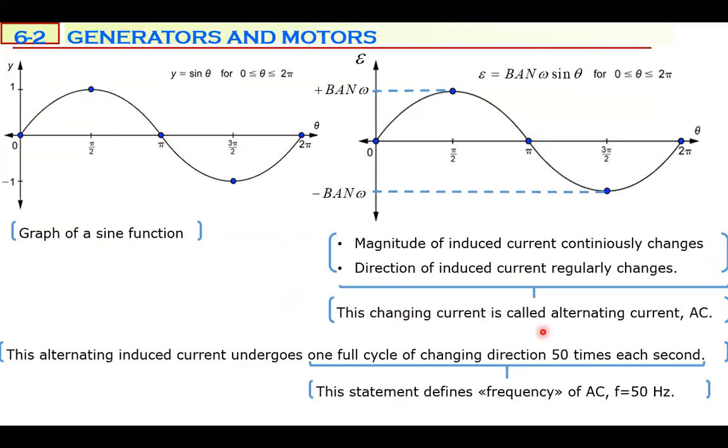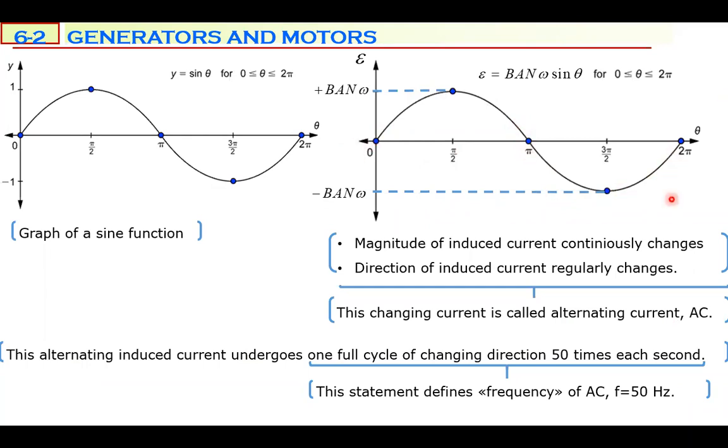This change in current or this change in EMF is called alternating current or alternating EMF, and is represented by AC. This one full cycle of the alternating induced current is one pulse up, one pulse down.